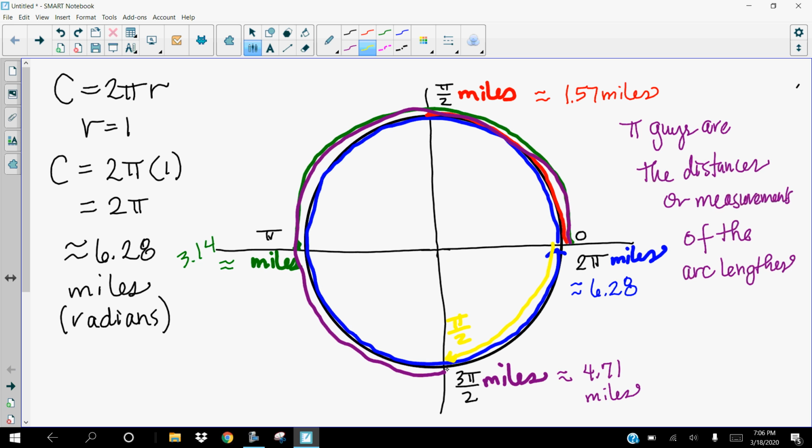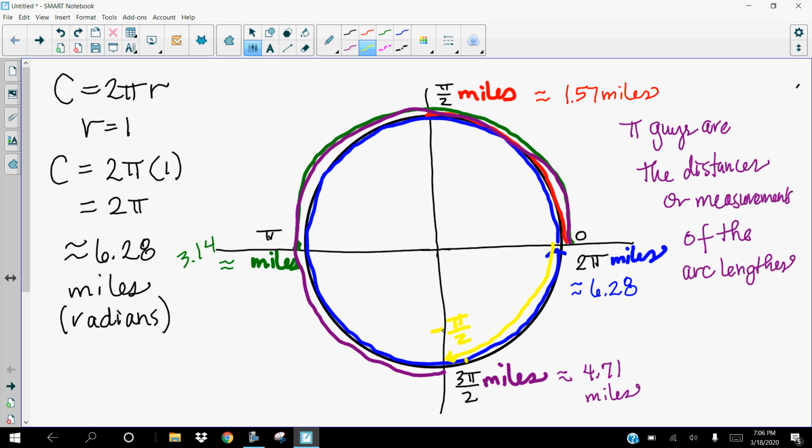We just went in a backwards direction. So this quarter of the circle, this piece of quadrant, is pi over 2 miles. That's how big that piece of arc length is. But since we went backwards, it's negative.